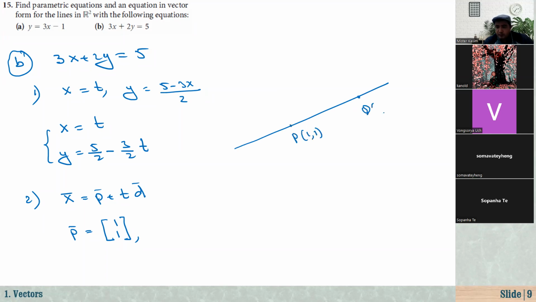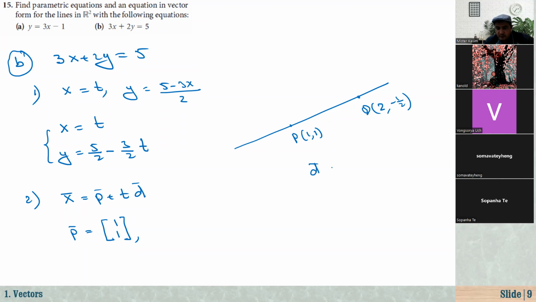Another point is point Q. Let's say if x is equal to 2, then 6 plus what number is 5? Negative 1. So y must be minus 1 over 2, right?